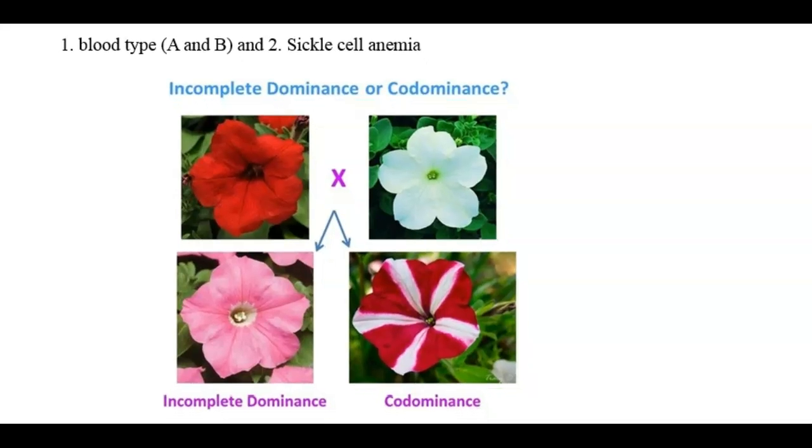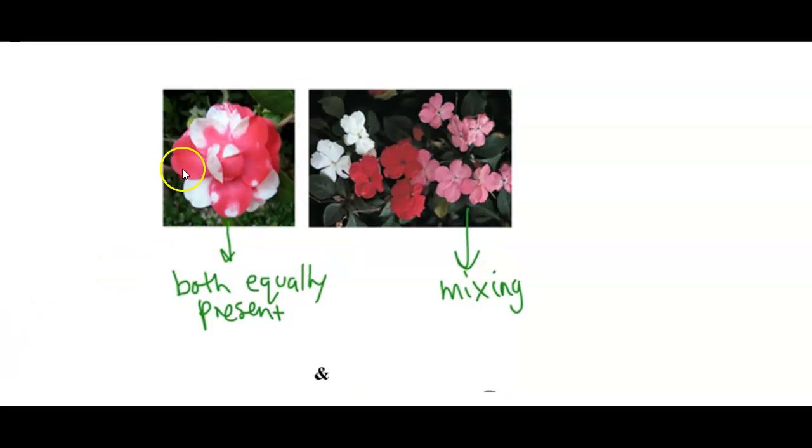And if you guessed that, you were correct. Notice that one has red and white. But this was a mixture between the red and white, and we got pink. Or here we have red and white. Here we have the red, the white, and the pink. So equal dominance, codominance, both equally present. Incomplete, there's a mixing.